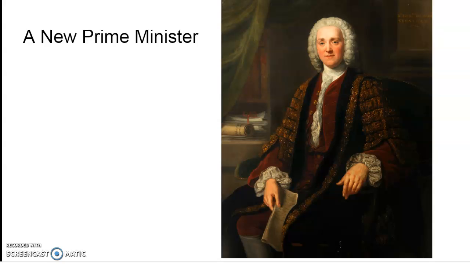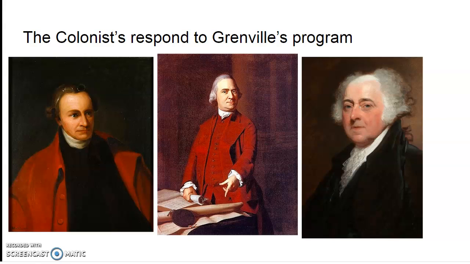Those are the most famous. And the colonies respond to Grenville's program with great outrage. They say that, particularly with the Sugar Act, there is no taxation without representation, and that England is violating their rights by making them have taxes.